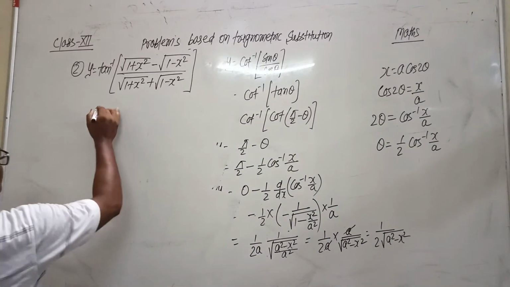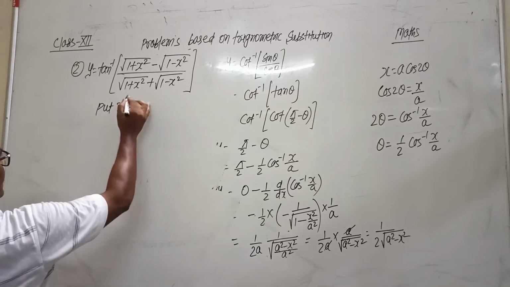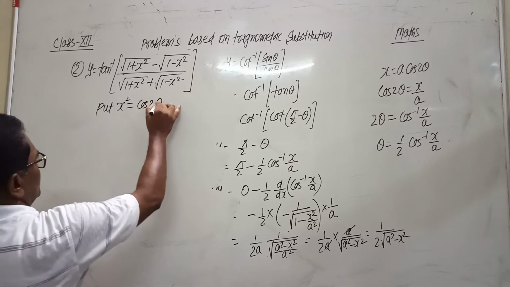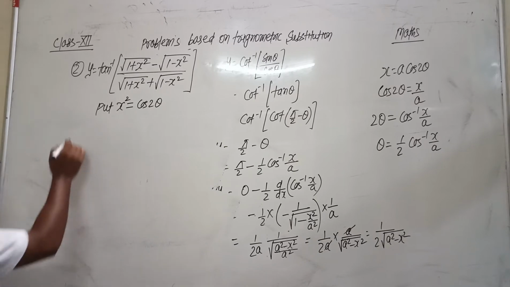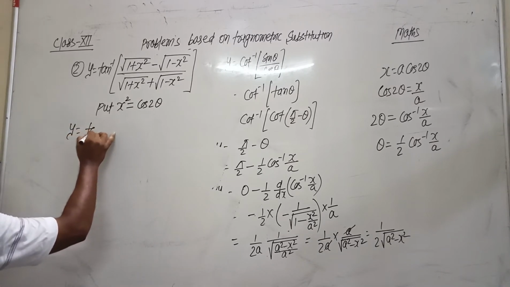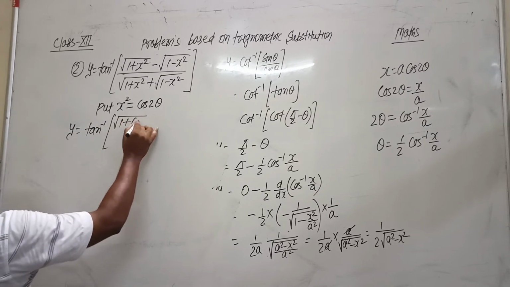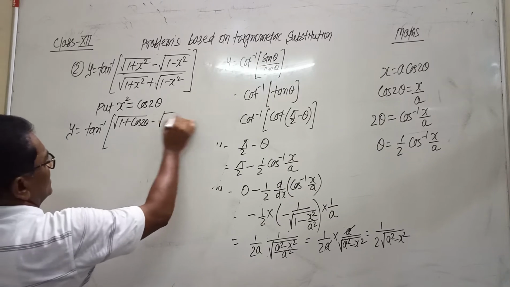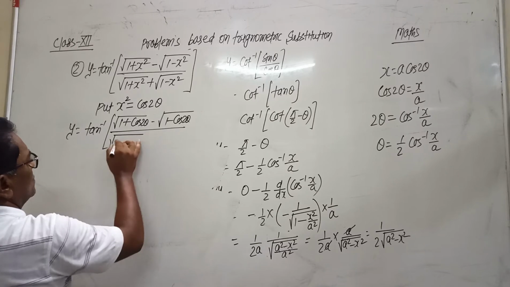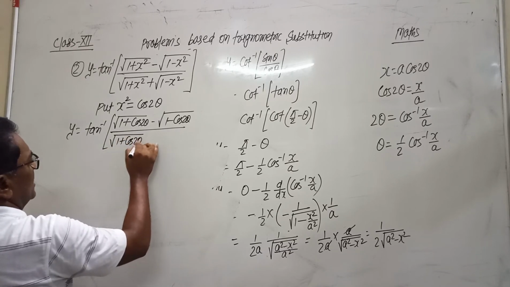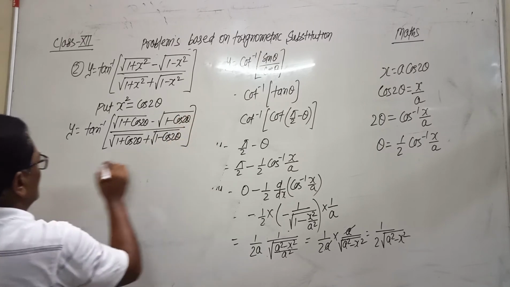In this form we will substitute again, put x square equals cos 2 theta. The whole x square, we substitute cos 2 theta. So this becomes y equals tan inverse of under root of 1 plus cos 2 theta minus under root of 1 minus cos 2 theta, upon under root of 1 plus cos 2 theta plus under root of 1 minus cos 2 theta.